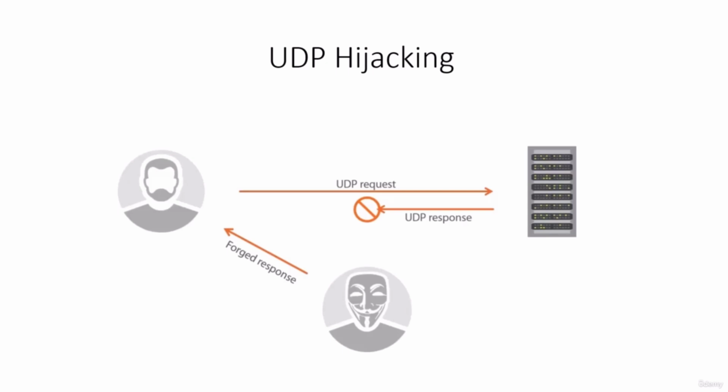As I said earlier, this works great for communication mechanisms where speed is much more important than reliability. So again, something like VoIP, but because there is no acknowledgement of the receipt of packets, you never know if it actually reached the destination, and in some ways that actually makes session hijacking easier.